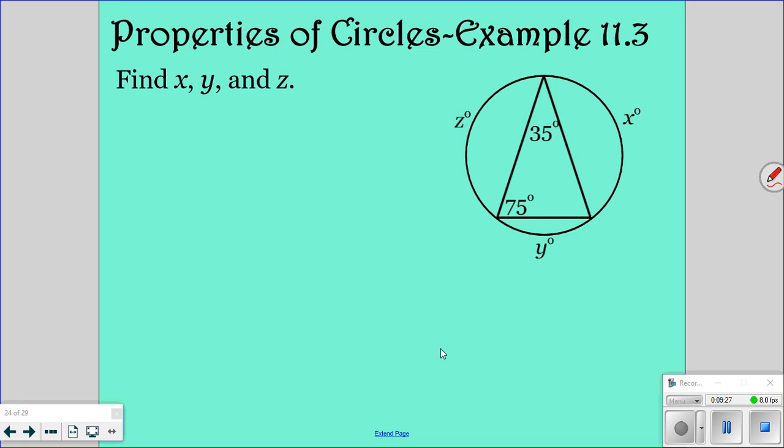This is the same concept as what we just finished on the last one. So we know that this angle here is 75. So its intercepted arc has to be twice that. So that means that x would have to equal 150.